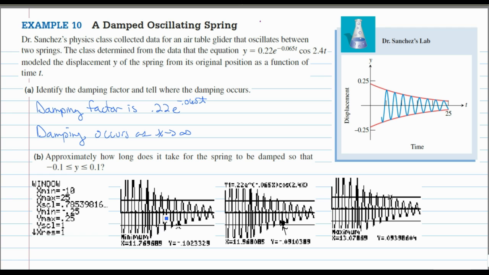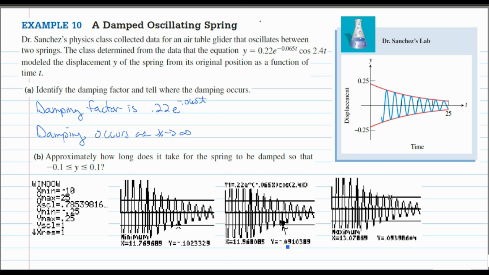So here they're way too big, but then they start getting smaller and smaller and smaller. I found this value here as a minimum, and that's actually still a little bit lower than negative 0.1, so I went a little bit after that. I found the next maximum, which is in fact lower than 0.1.